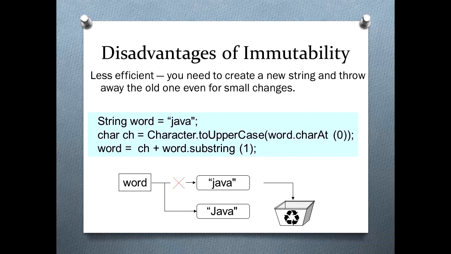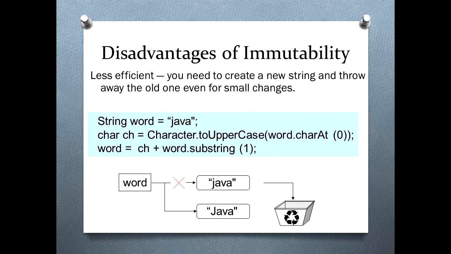Here char ch is equal to Character.toUpperCase. Whatever character is being saved has to be converted to uppercase, I mean to say capital letter. Which letter has to be converted to uppercase? I have given a command there, word.charAt(0). So what is word.charAt(0)? At 0, 0 is the index of Java.